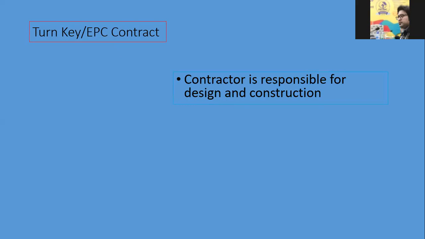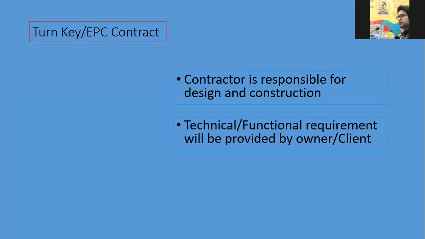This contract type is most suitable for mega projects. And what is the benefit? Technical and functional requirements: the contractor will prepare the design for the project, but that design will be approved by the client.